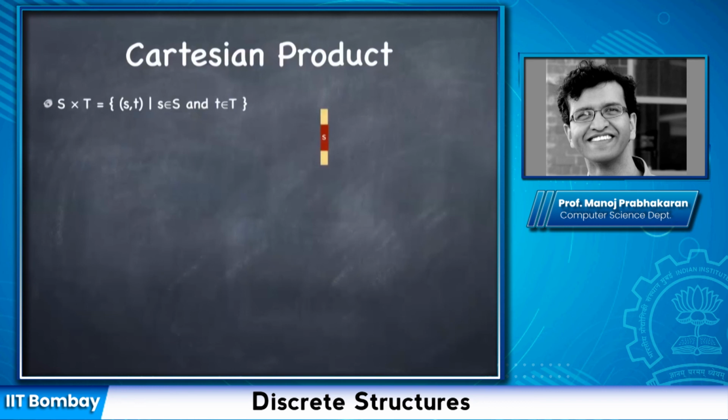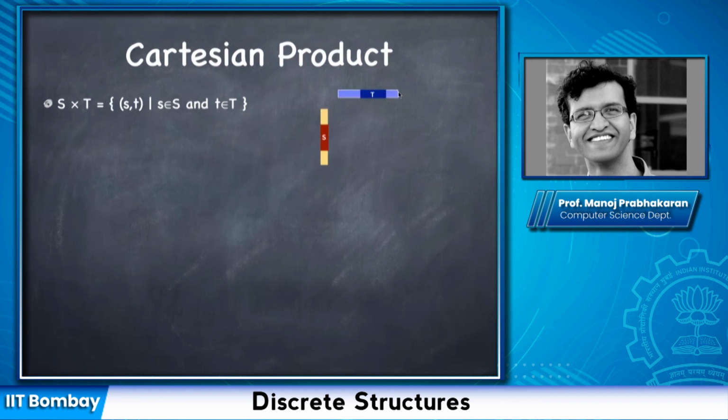If I were to visualize this, I have drawn this little Venn diagram of the set S. This yellow thing is its universe and the red part is the set S. I've drawn it in a one-dimensional way so that I can visualize S cross T. T is another set, potentially another universe, or it could be the same universe.